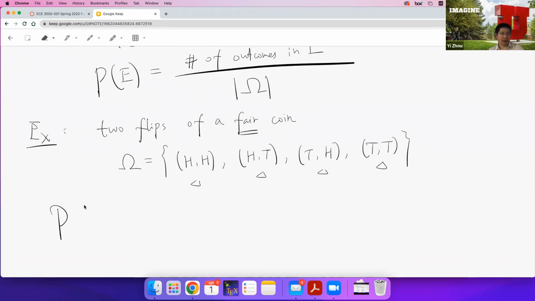So we can calculate the probability of at least one head being observed in these 2 flips of the coin. We just calculate how many outcomes belong to this event. Here we have 1, here we have 2, and here's another one. So we have in total 3 feasible outcomes, and the total number of possible outcomes is 4. So the probability is 3/4.